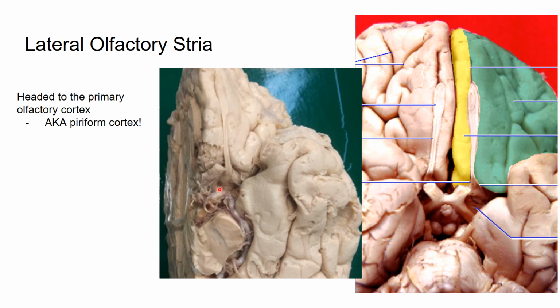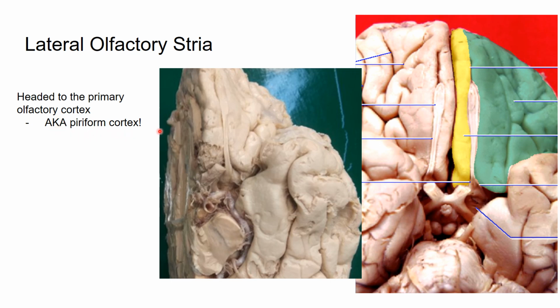Our medial olfactory stria is going to be crossing the anterior commissure to trade sensation with the other side's olfactory stria in that anterior olfactory nucleus. But the lateral olfactory stria was where that smell was going to be transmitted to the primary olfactory cortex, which we remember is the piriform cortex.